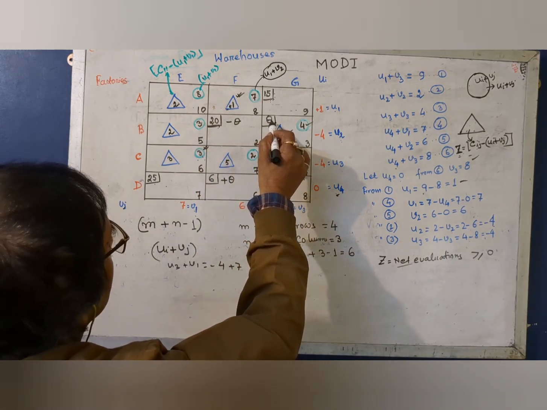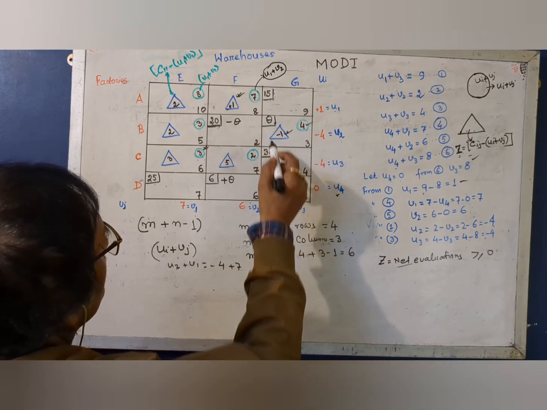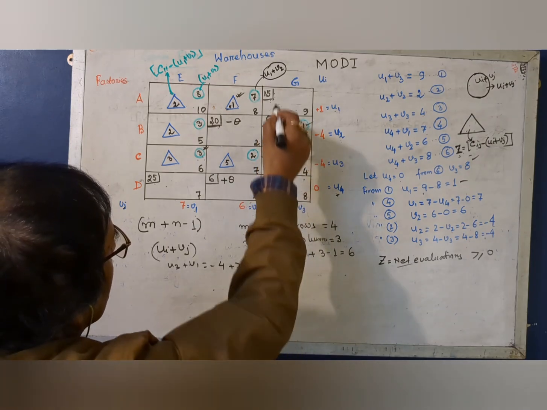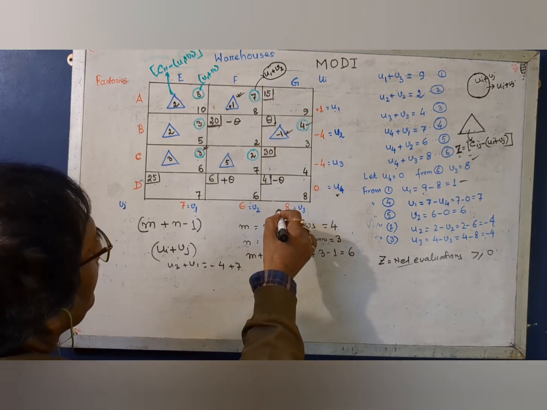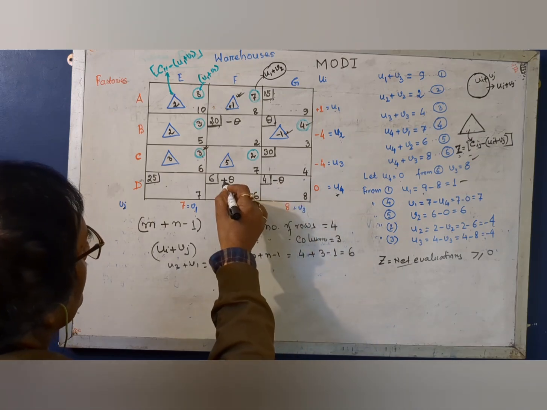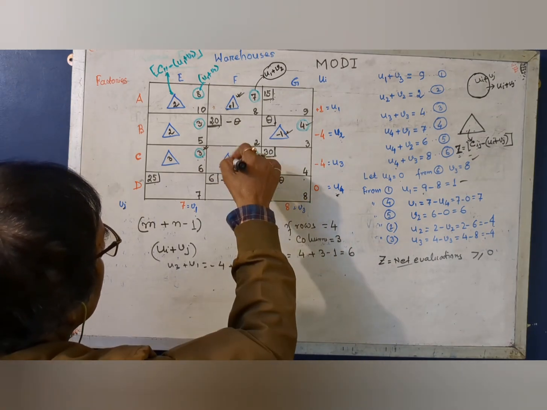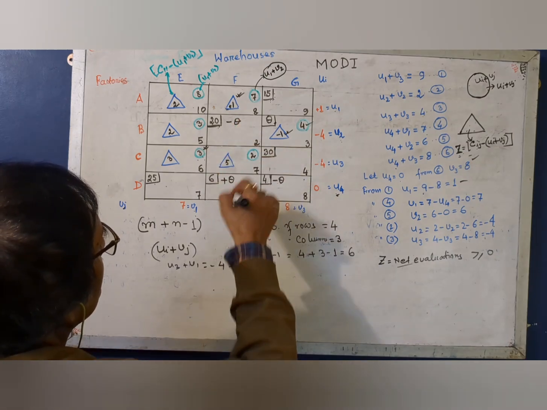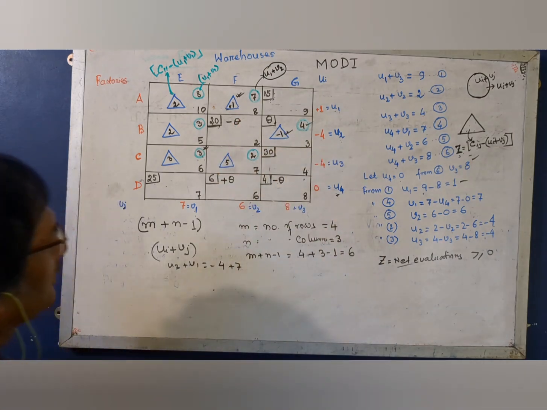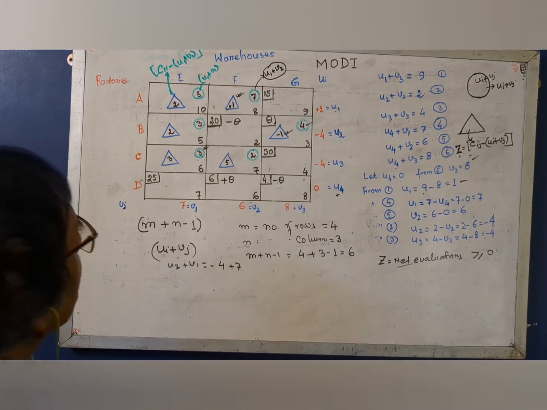Here I have put the new variable theta, and this is minus theta. If you total it, there is no effect on the total. For that, minus theta and plus theta also remains the same. If you add theta minus theta, no effect, and this is also no effect. Now, what will be the value of theta?